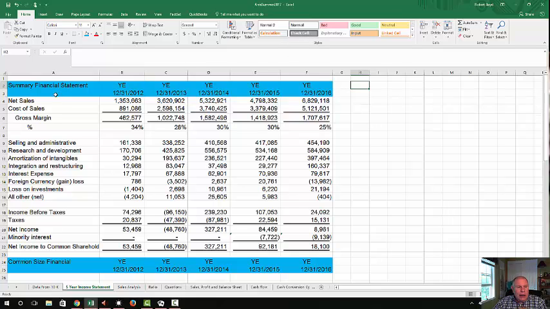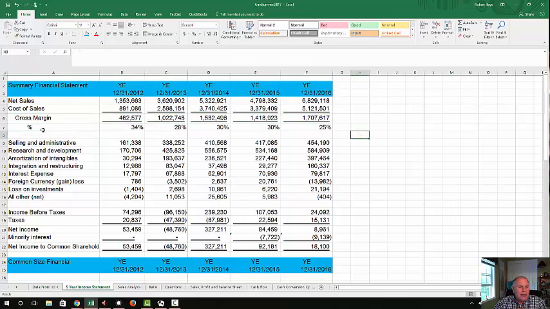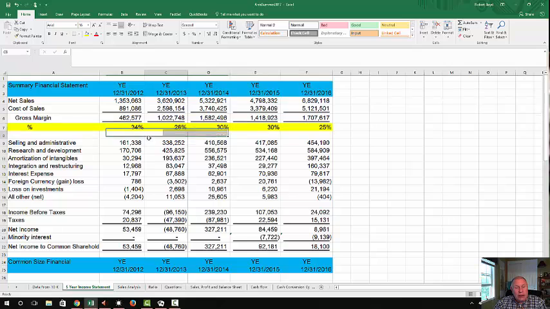Here are my columns. I started with net sales and cost of sales, gross margin, but they didn't have a percent. So I put the percent in because to me, the margin becomes something important to look at. When we're looking at this, it was 34, then it dropped, and it continues to drop. So that means the cost of producing the additional product is not getting better.